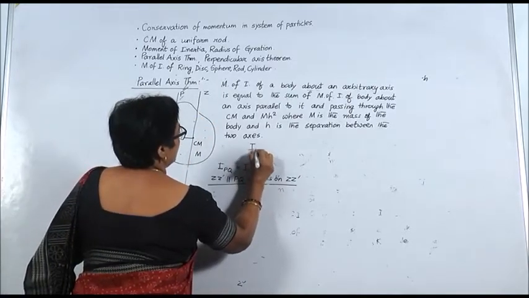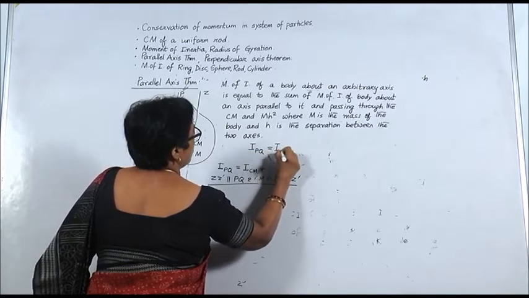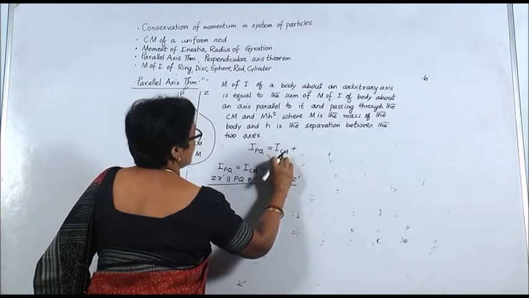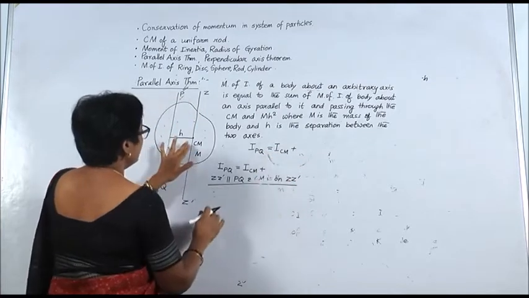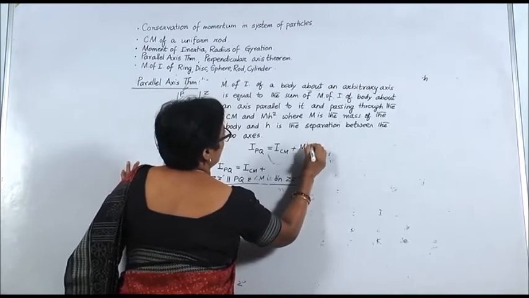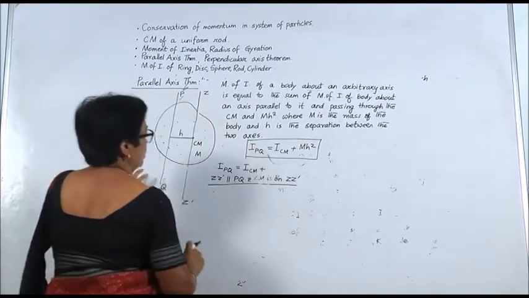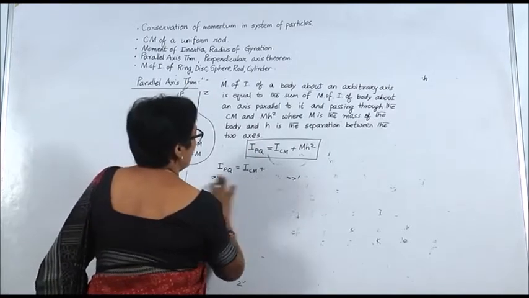Then it says that moment of inertia about PQ is equal to moment of inertia about the axis through the center of mass, and this axis must be parallel to this, plus m h square.